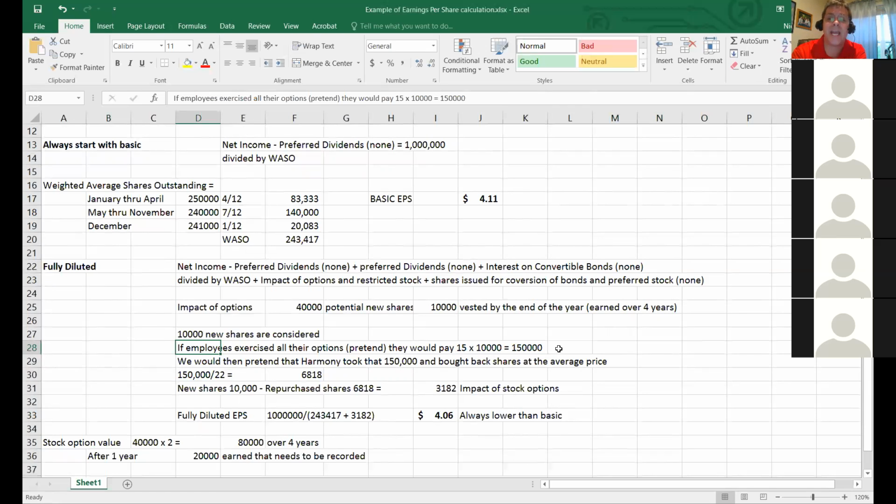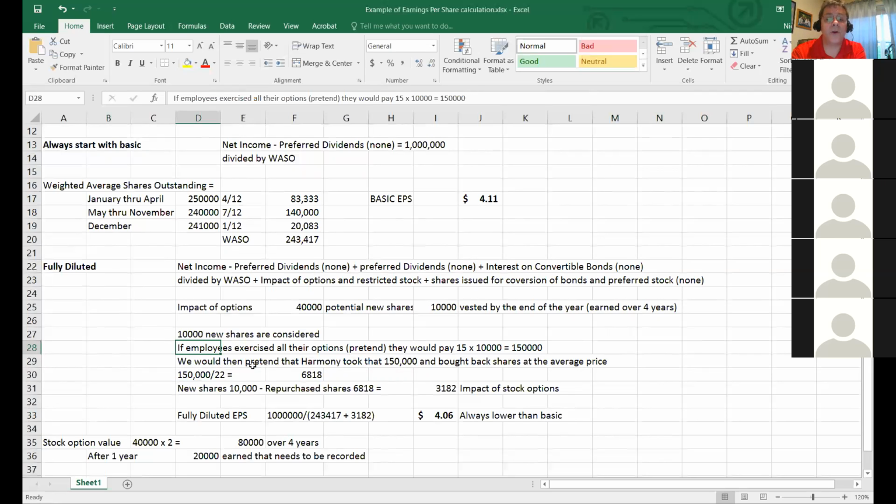Remember, this is pretend. There's not a journal entry at this point. We're just pretending that they gave us $150,000. That would make the number of shares that we have outstanding go up by that same 10,000. Okay? But we'll come back to that.